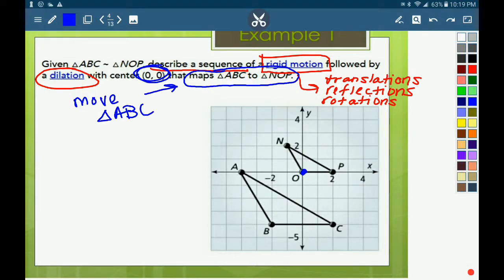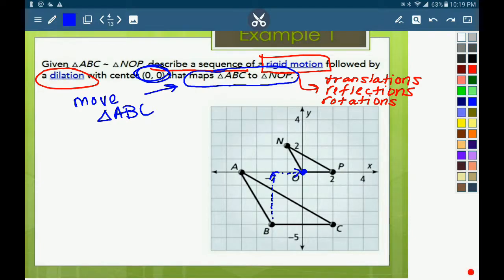That means when we dilate, we want to put B on top of O so that B doesn't move and still sits on top of O. So I think we should translate this figure first so that B specifically sits on the origin. We're strategically picking a rigid motion of translation to get B to line up on top of O.